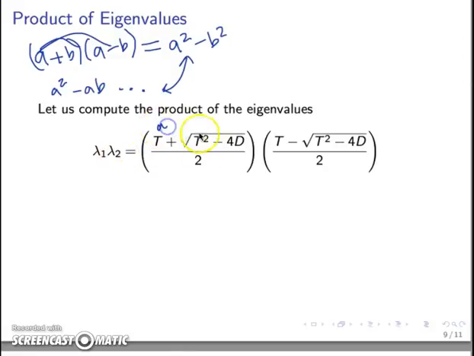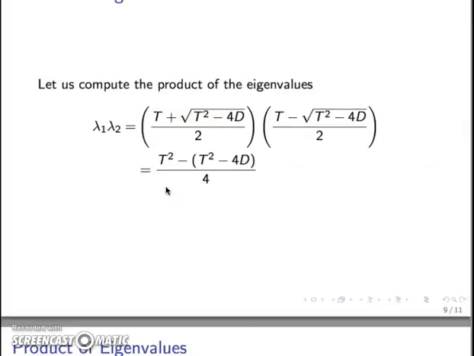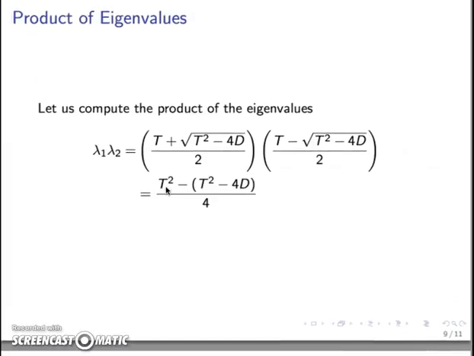Think of T as a, and now think of this portion here as b. So we have something that looks like a plus b and a minus b. This leads to the square of the first and the square of the second. If you square the square root, you end up with this, and we're subtracting it.